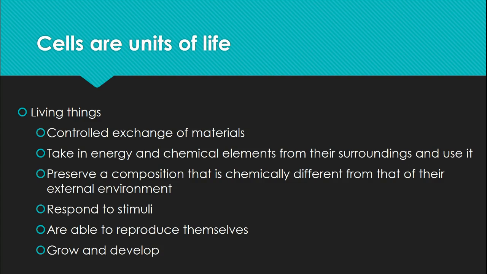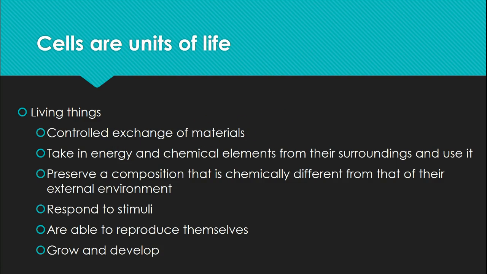and life is defined as something that can carry out fundamental processes associated with life, and we call these life processes. So these are some of the processes that you would use to define whether something is living. So they would be able to control exchanges of materials inside and outside the cell.